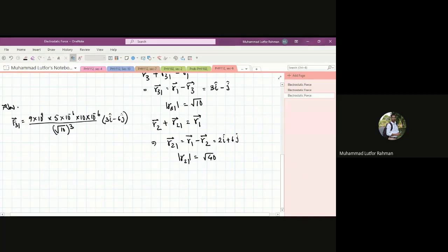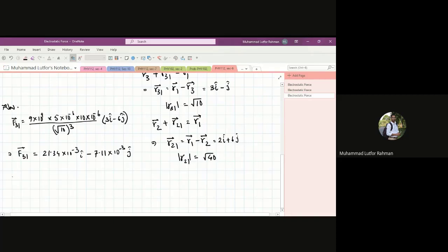If you do some algebraic calculation, you'll find that F31 would be 21.34 into 10 to the power minus 3 i hat minus 7.11 into 10 to the power minus 3 j hat.